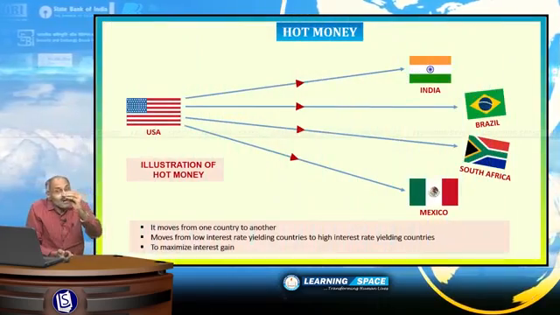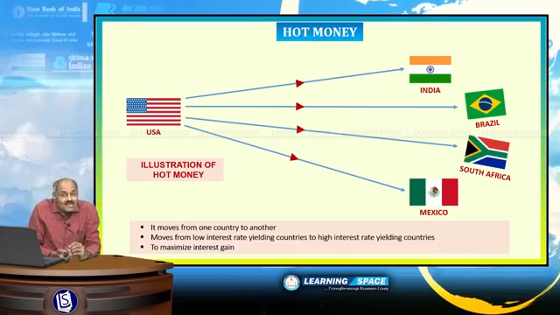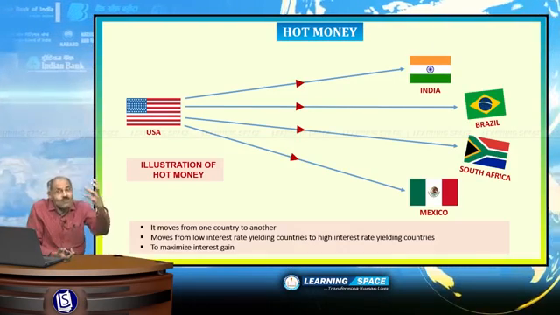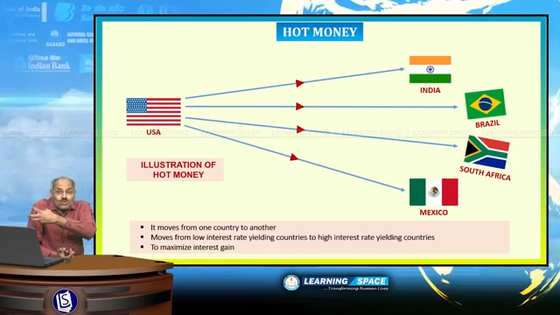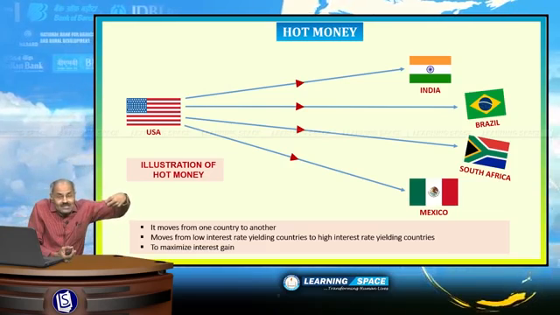Look into the next one, hot money. What is the difference between hot money and hot currency? Hot money is basically the money which moves from one country to another country so as to take advantage of short-term gains.